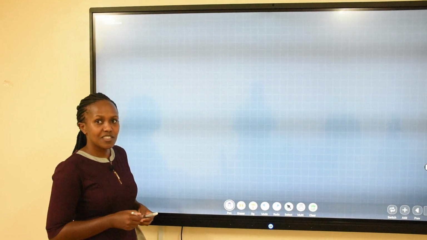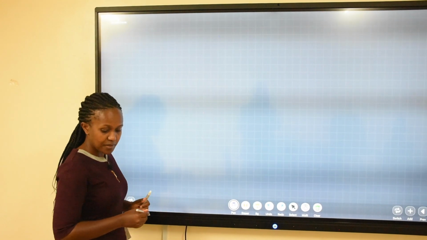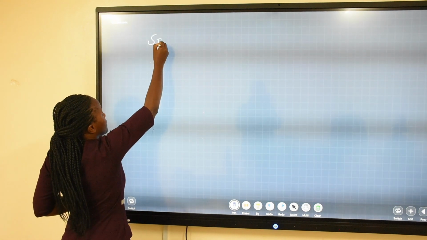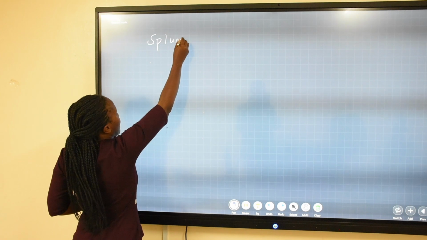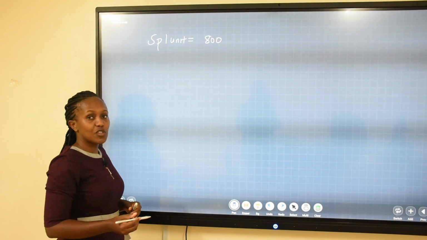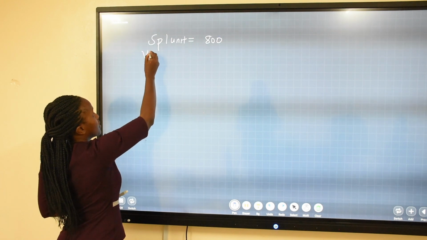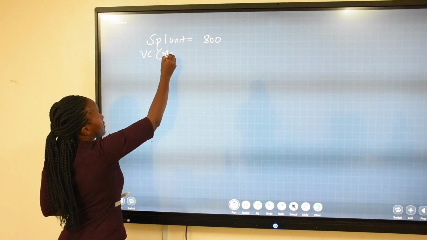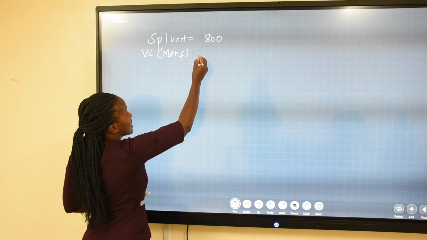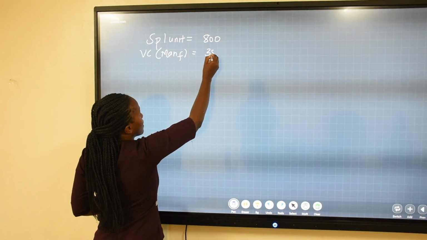To answer our question, we have seen from the question that the selling price per unit is equal to 800. We have also seen that the variable manufacturing cost per unit is shillings 380.